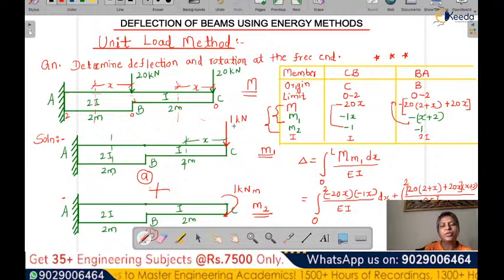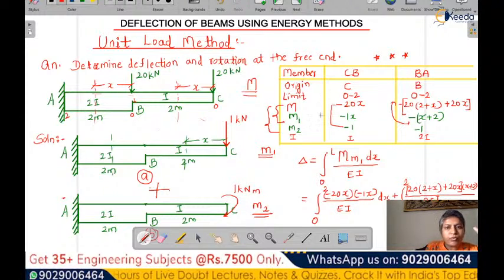So in this case, number 1 kilonewton load acting, and here 1 kilonewton meter rotation is there. For this, the formation of the table is important, where we are giving all the information, how we are considering the member, what are the limits. It's not compulsory that you have to write down the table, but when you form the table it becomes easy.